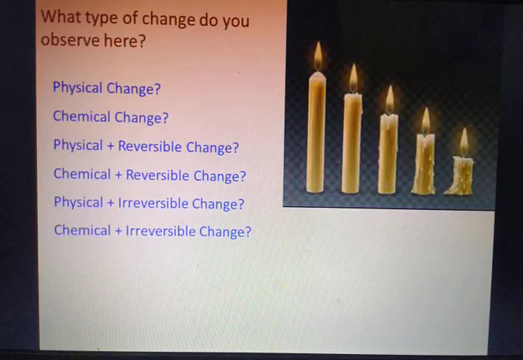There are two perspectives. One is the candle is made up of wax, it's melting, so it's physical plus reversible change. And since the size is going down, it's chemical plus irreversible change. So two changes are involved.